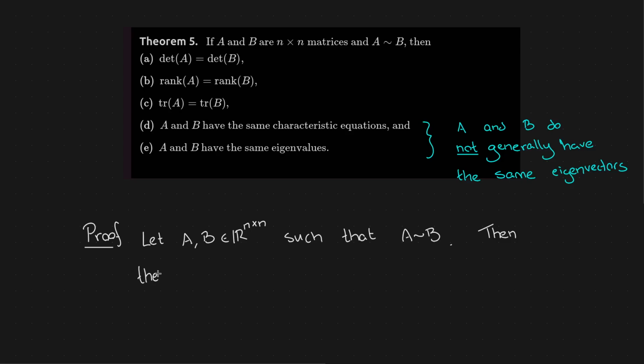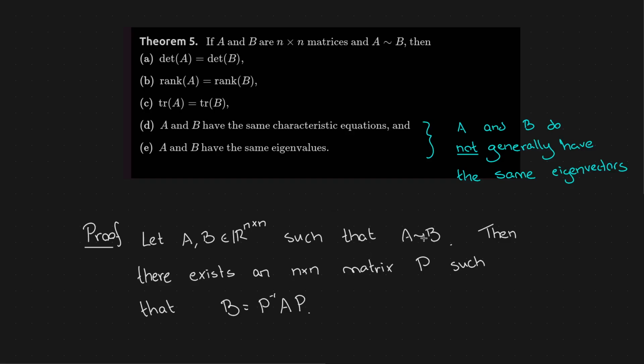Then there exists an n by n matrix P such that B is equal to P inverse A P. All right, so I'm just using the definition of similar matrices.